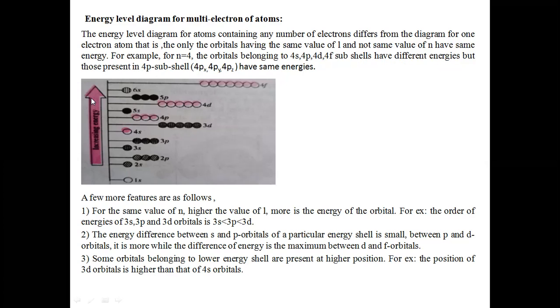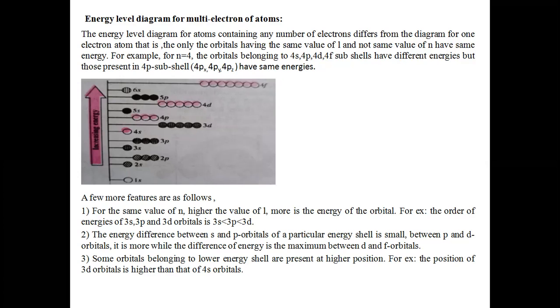This is the increasing order of energies of the atomic orbitals. The orbitals belonging to the 4s, 4p, 4d, and 4f subshells will have different energies. But in the single electron system, they will have the same energies. There, in the single electron system, all the subshells have the same energies.